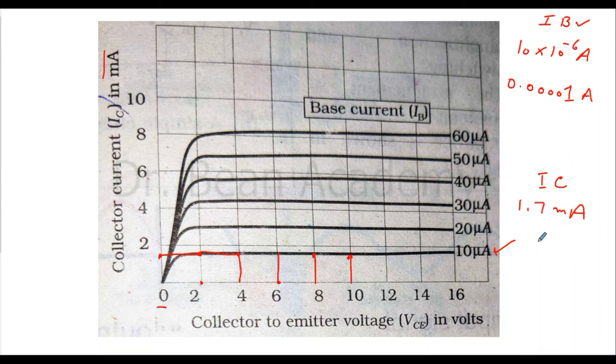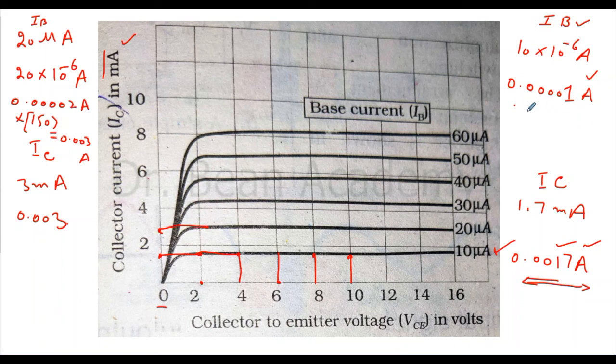And if I want to express this one in simple decimals, it should be 17 ampere. So this is the current at the base you are getting right now, and this is the corresponding current at the collector you are getting. And now, do you have any idea how much amplification you are getting?